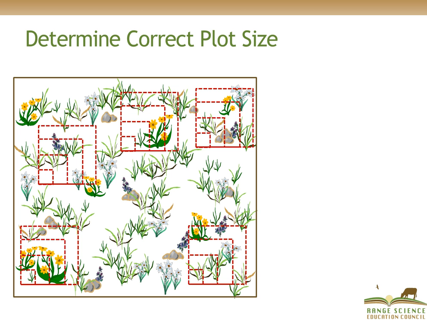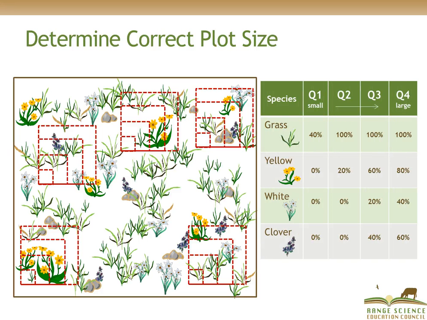And we can look at the difference in frequency estimates that we get for different species. The grass species is the most common species in this area that we're looking at, and we can see that in the smallest size quadrat, grass occurs in 2 of the 5 quadrats.